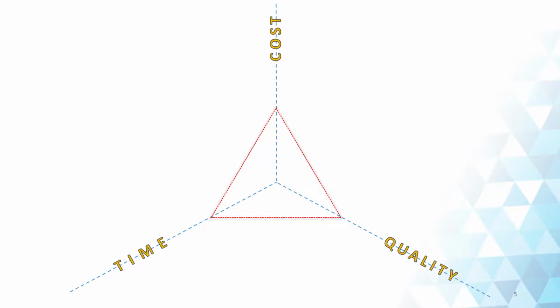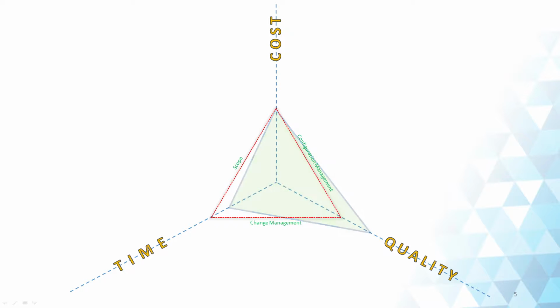Now, for those of you who haven't seen this triangle, it's called the triangle of waste. In theory, if we try to save time on a project, we have to sacrifice either cost or quality. Vice versa, if we want to enhance quality in a project, we have to sacrifice either time or cost.